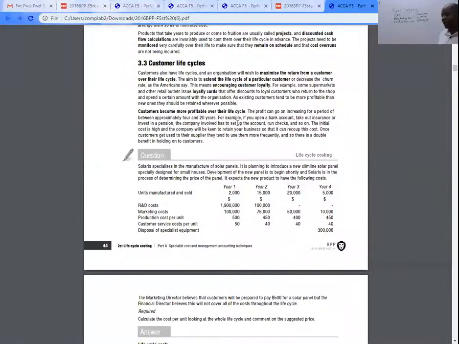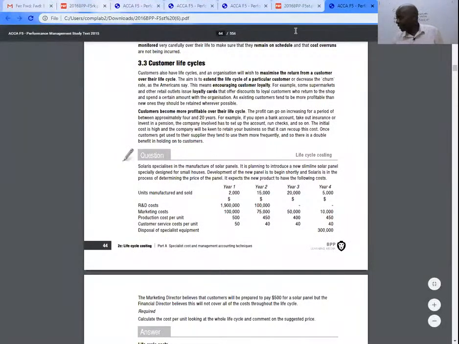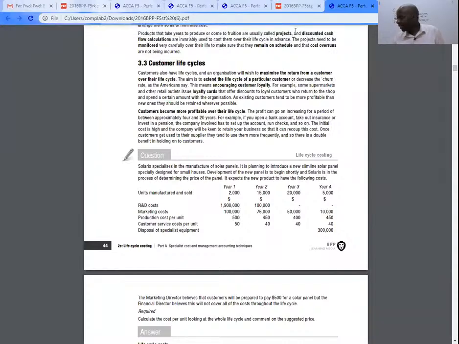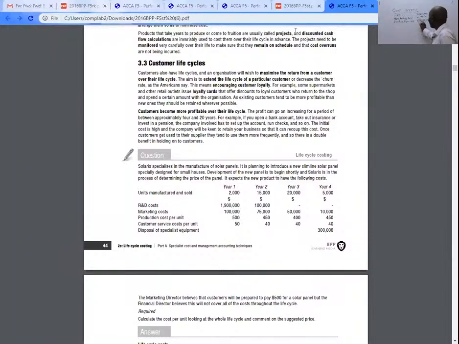So customer service cost, I can see an answer here. 1.7 million. Aurelia seems to be getting this very fast. So this is the customer service cost.